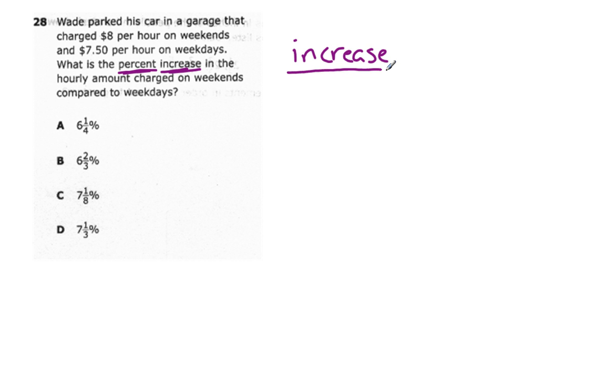And since we're talking about percents, we always want to have this percent down here, which is 100%. So we think, what could represent 100% in this case? Well, since we're talking about dollar amounts, the original amount, what we started with, can represent our 100%. Then we just need to figure out what our increase is.